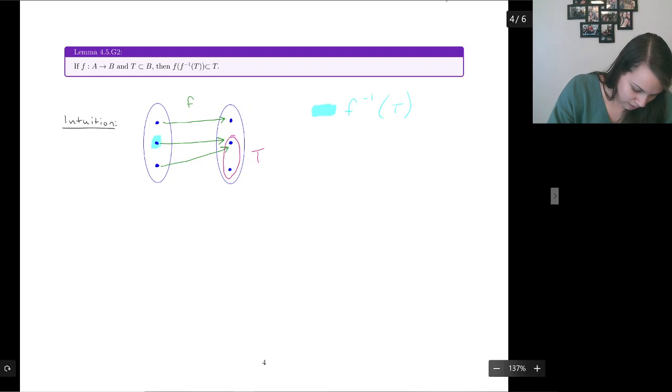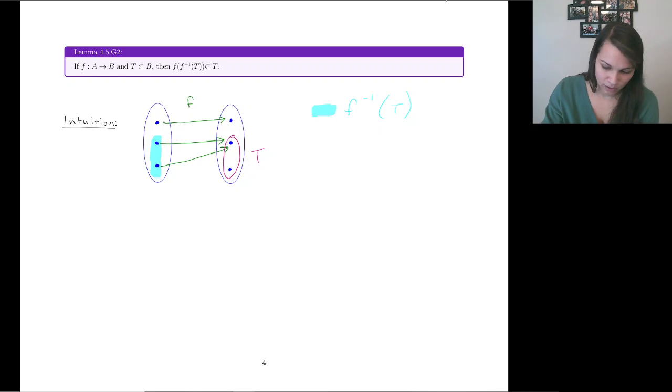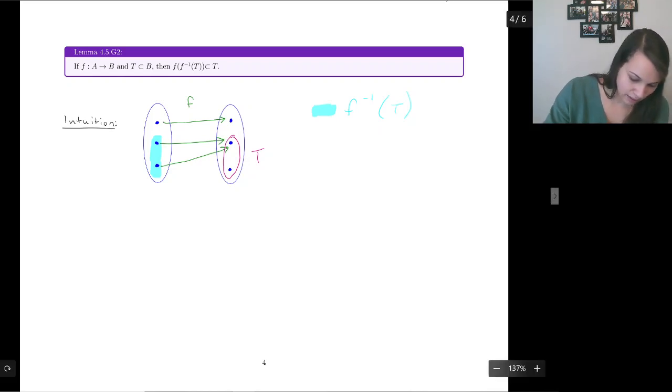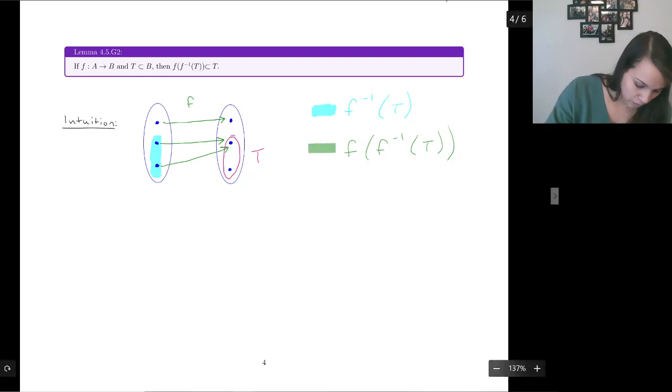So he came from here, or he could have come from here. So both of those guys are great candidates. However, when we look at the image of that set, we're going to say that this is going to be the color we use for the image. When we look at where this gets mapped to, it's just going to that one element.